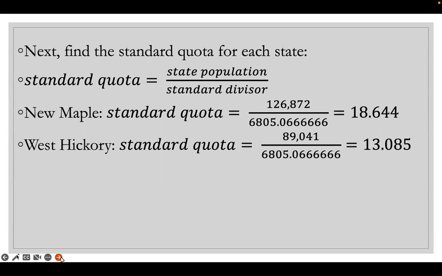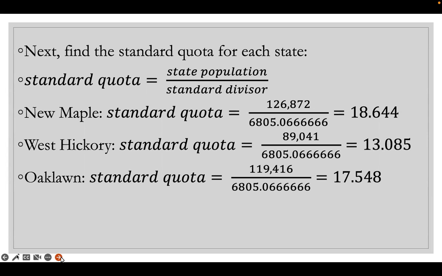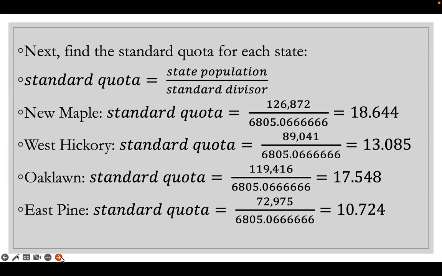For West Hickory, 89,041 divided by 6,805 and some change for a standard quota of 13.085. Oak Lawn, 119,416 divided by my standard divisor for an answer of 17.548. And East Pine, we get a standard quota of 10.724. And remember, those standard quotas are a rough estimate on how many representatives each state should receive.